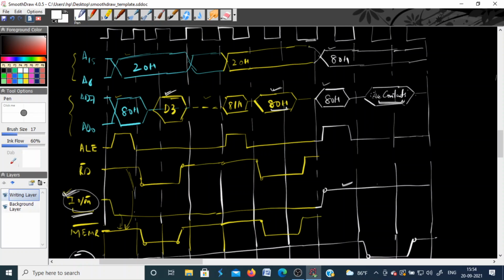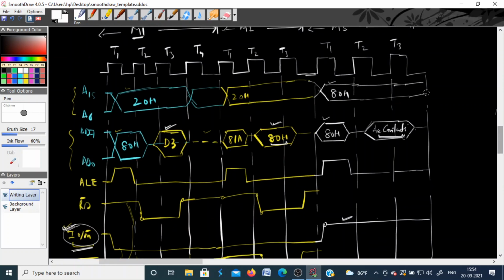Since the data bus is connected to this output device, during T2 and T3, these two clock pulses are important. For these two clock pulses, the contents of the accumulator are available on the data bus.